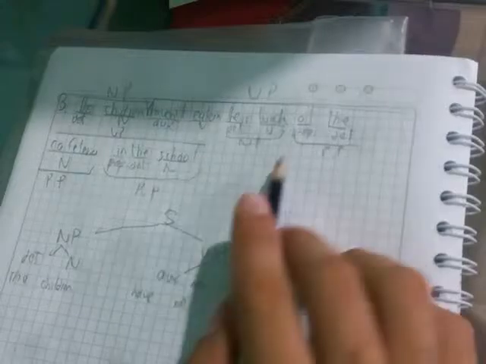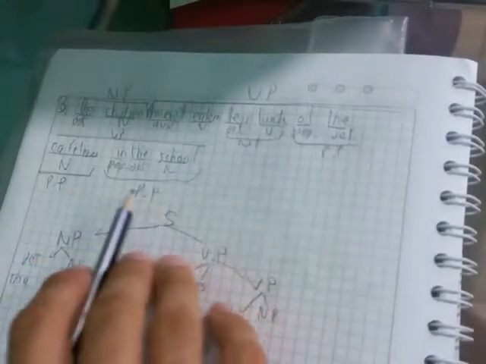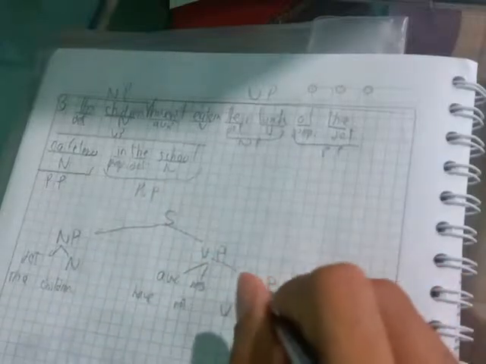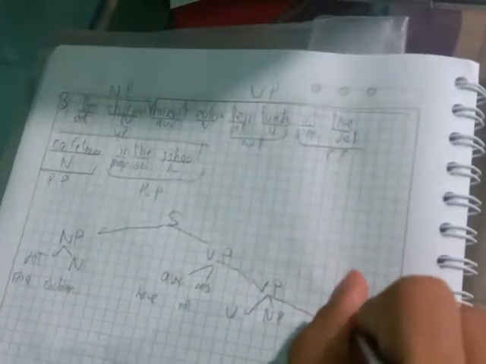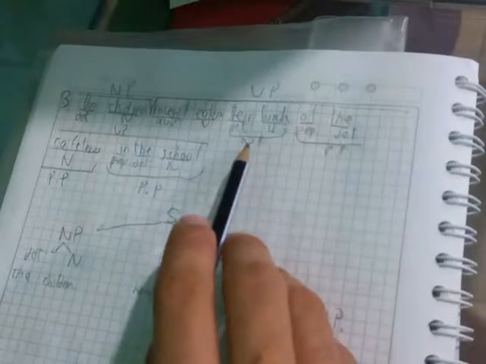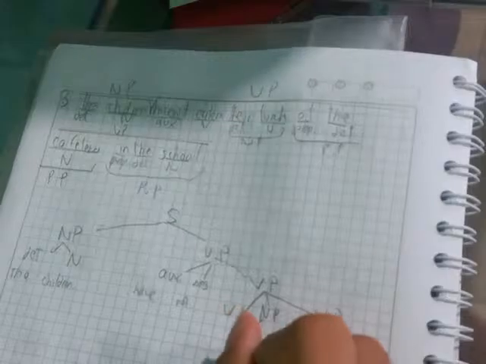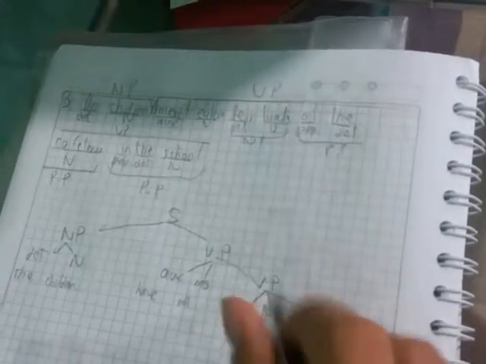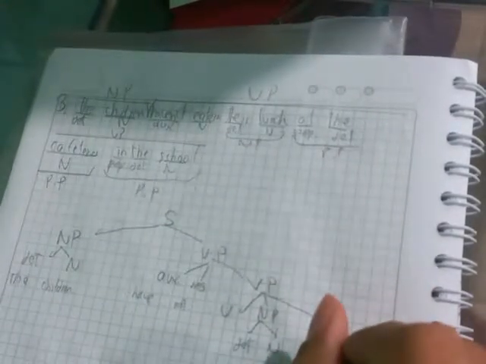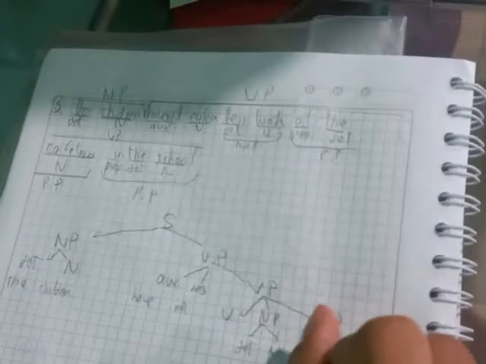However, in order to avoid this other prepositional phrase, we have to divide another bracket more, because we have here the first phrase. This is their lunch, which will be a determiner and a noun. And then we've got the two missing, which will be another prepositional phrase and another prepositional phrase.